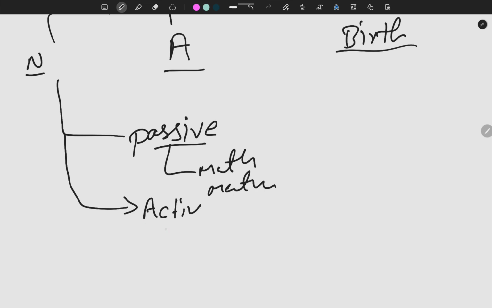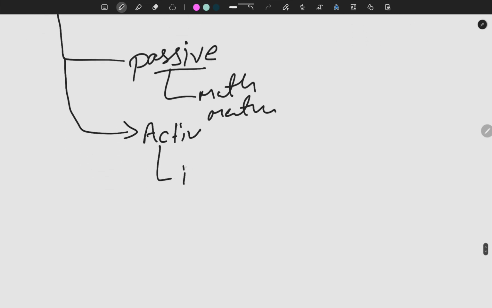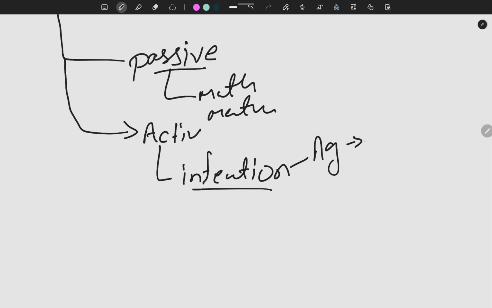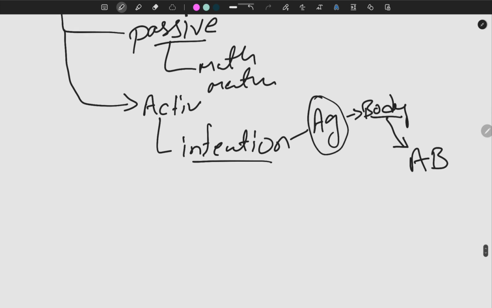In this, when the person is affected with an infection, when the antigen enters into the body, our body will react towards the antigen to fight against the pathogens. So what will it do? The body will produce antibodies. For a specific antigen, we will have a specific antibody.